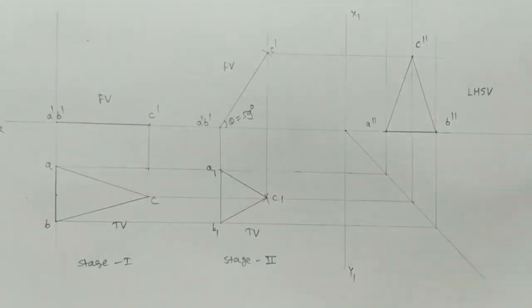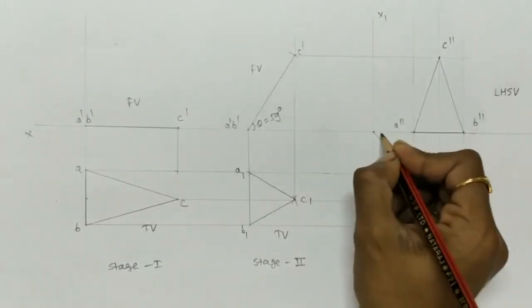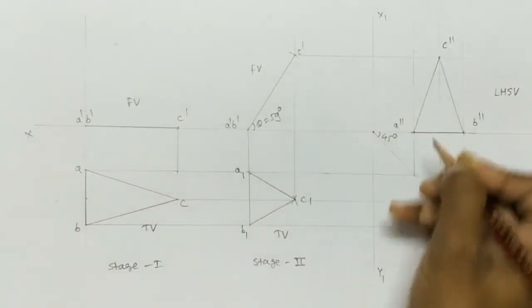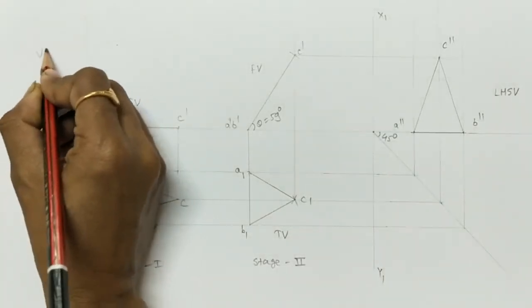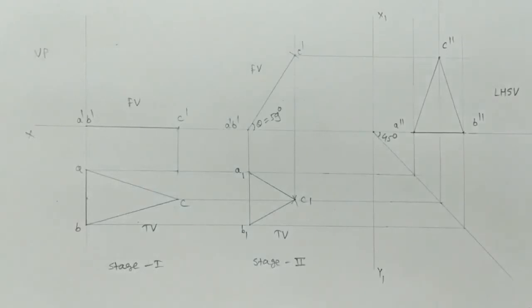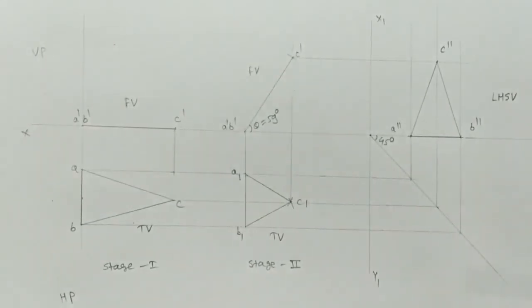Now we have completed. Show the 45 degree angle here, and this is VP and this is HP, so write the names VP and HP.